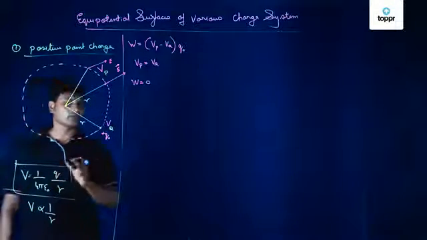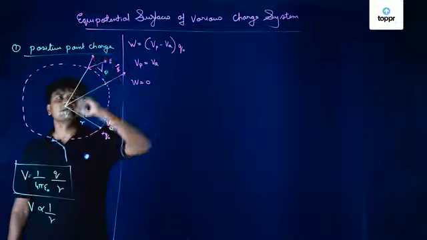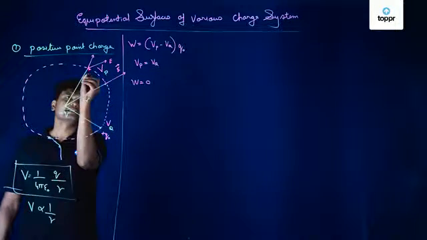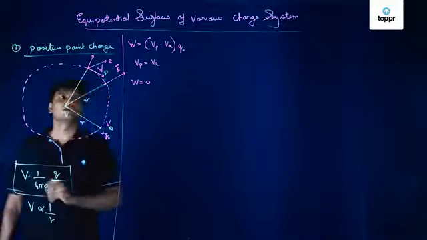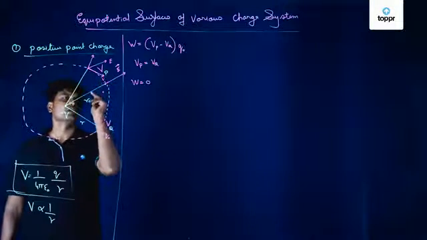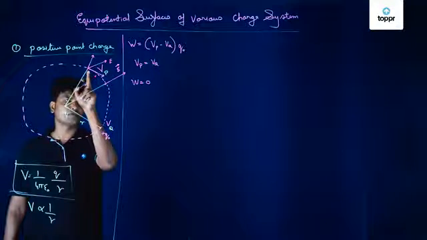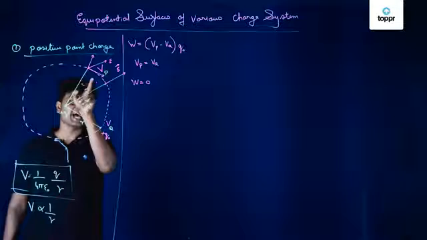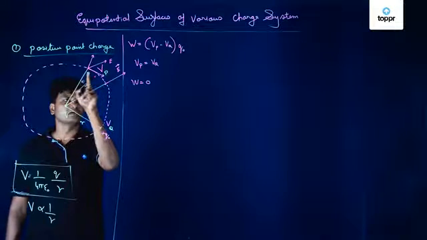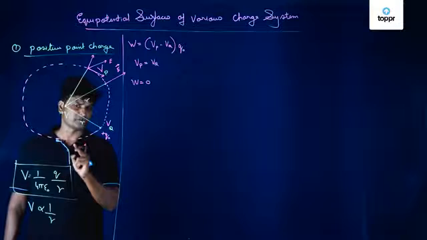Then I can draw the components of the electric field. This is the vertical component and this is the horizontal component. The horizontal component does lie along the equipotential surface.